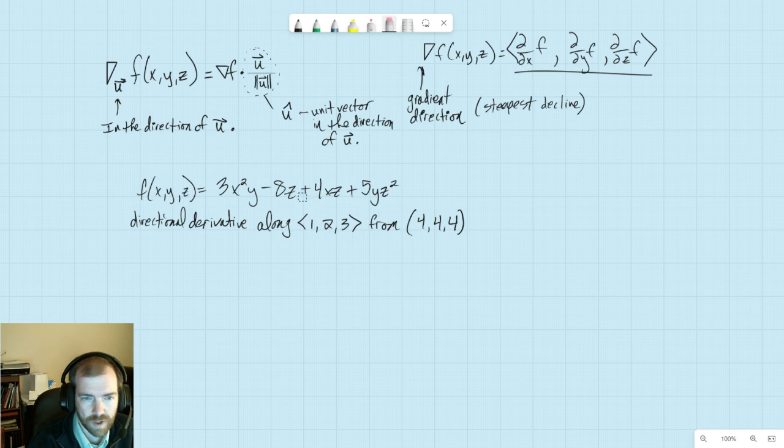Let's change this one to negative and see if that does anything. I'm trying to partially cancel stuff out, so it's not a gigantic number. So if we want the directional derivative along the vector 1, 2, 3 from the location 4, 4, 4, then we're going to take del f dotted with u vector over norm u.